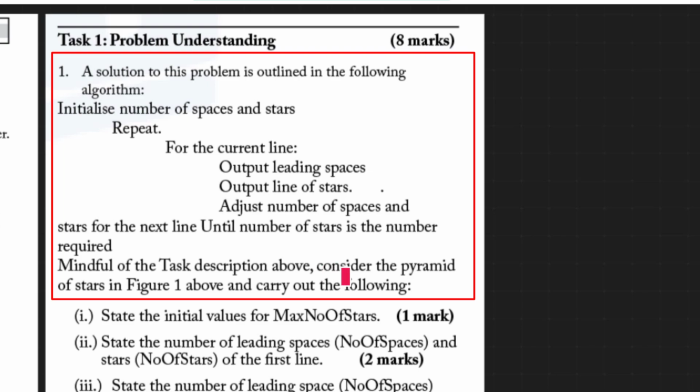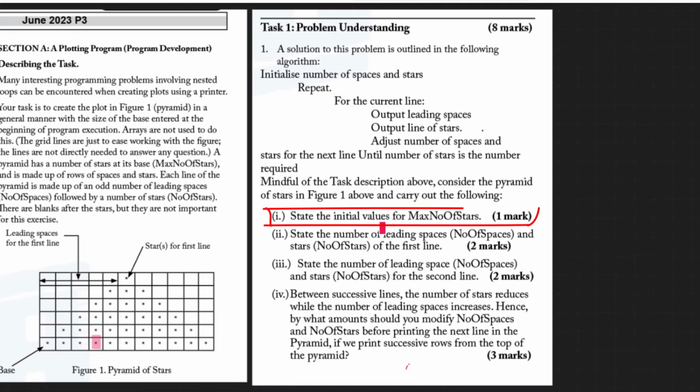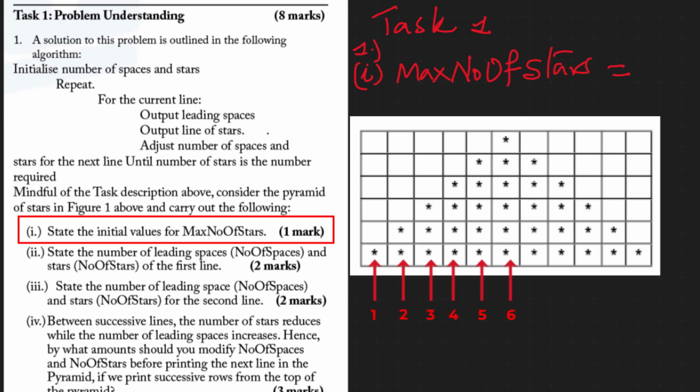Mindful of the task description above, consider the pyramid of stars in figure 1 and carry out the following. Roman 1. State the initial value for max number of stars. Given this pyramid, the max number of stars is, let's count, 1, 2, 3, 4, 5, 6, 7, 8, 9, 10, 11.